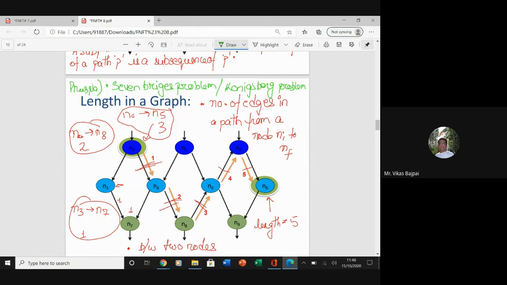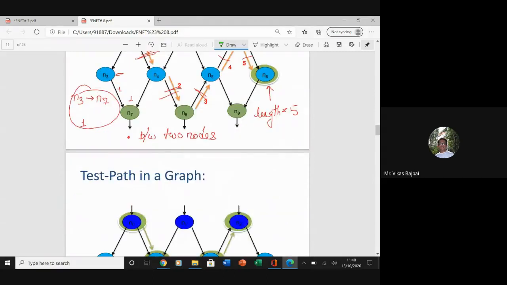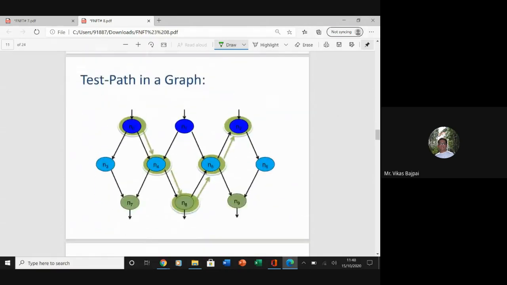So coming back to this particular discussion once again. Next is your test path in a graph.